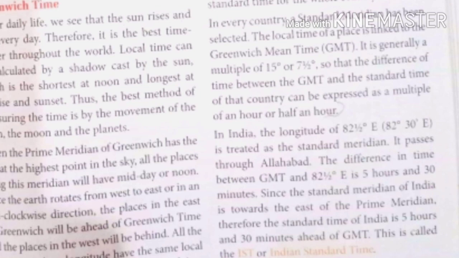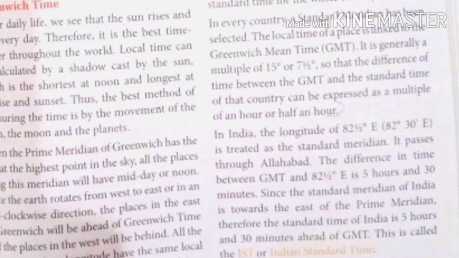In India, the longitude is 82.5 degrees east. So what is the location? 82 degrees 30 minutes east. It is treated as the standard meridian. It passes through Allahabad. The difference in time between GMT, Greenwich mean time, and 82.5 degrees east is 5 hours and 30 minutes.